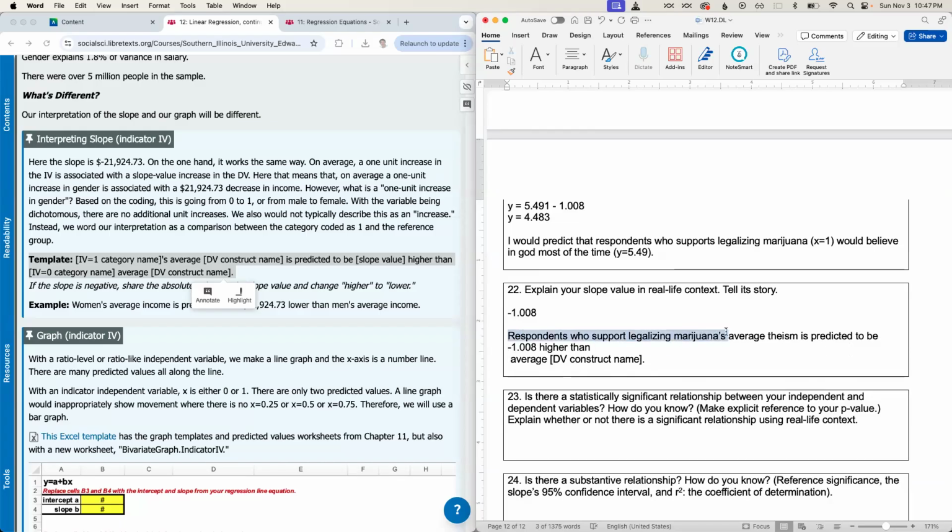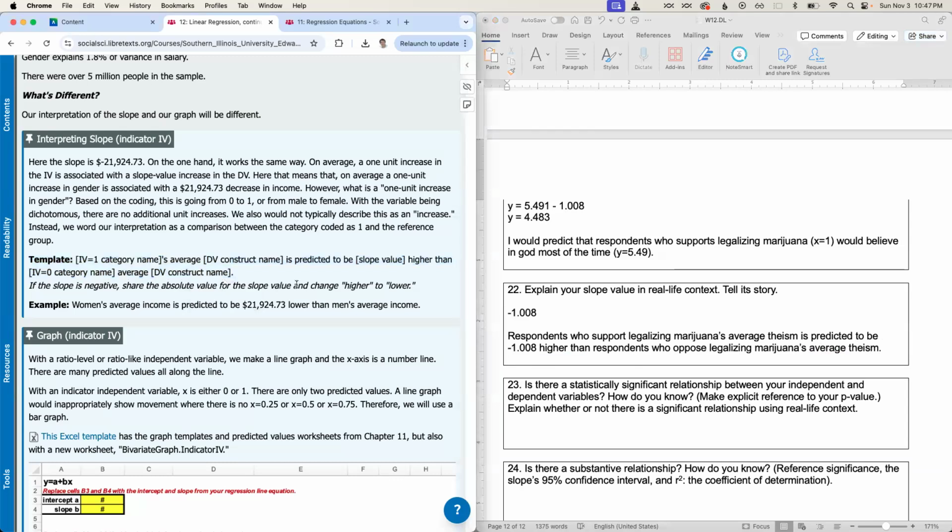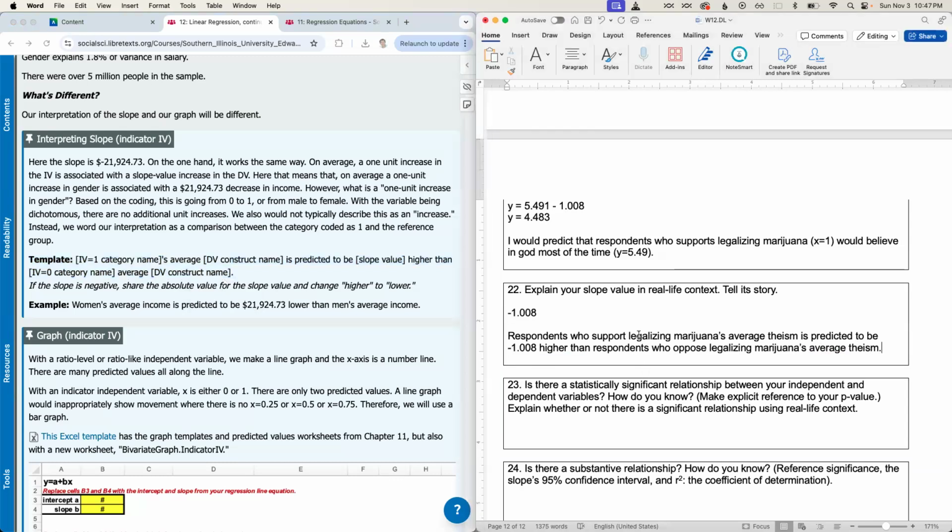So that's respondents who oppose legalizing marijuana's average theistic beliefs. And then it says, if the slope is negative, share the absolute value for the slope value and change higher to lower. So we're not going to say that it's negative 1.008 higher. We're going to say it's 1.008 units lower.